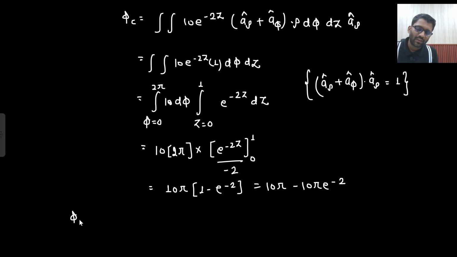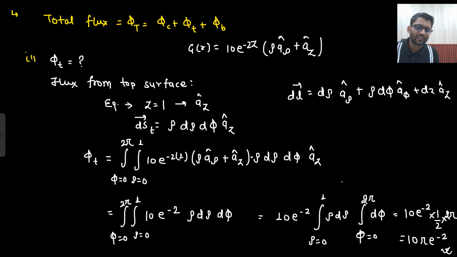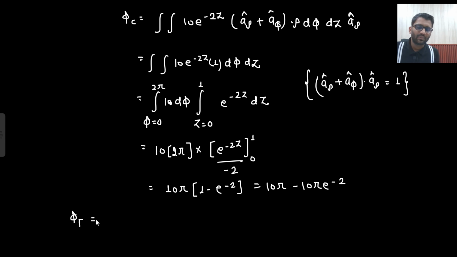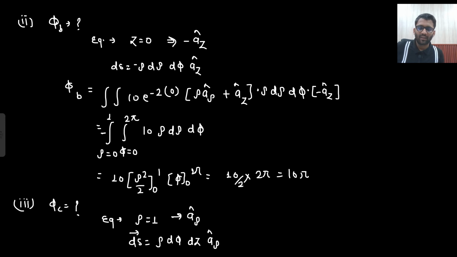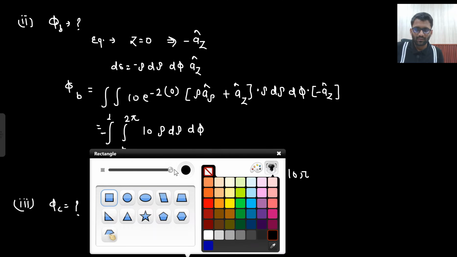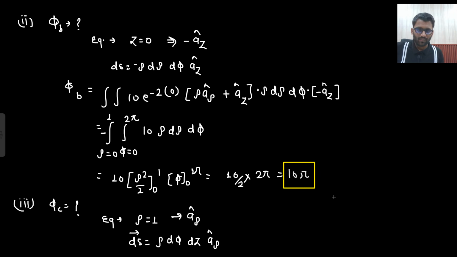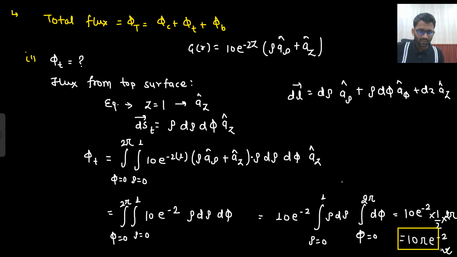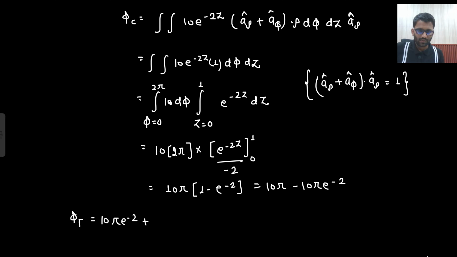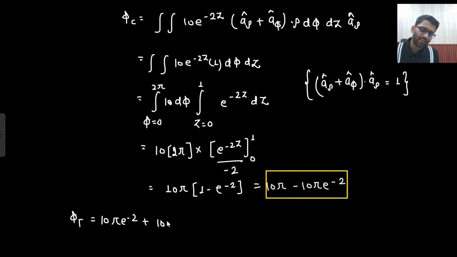So what is the total flux? Total flux is tan pi e to the power minus 2, plus second you are getting tan pi, and third was this.